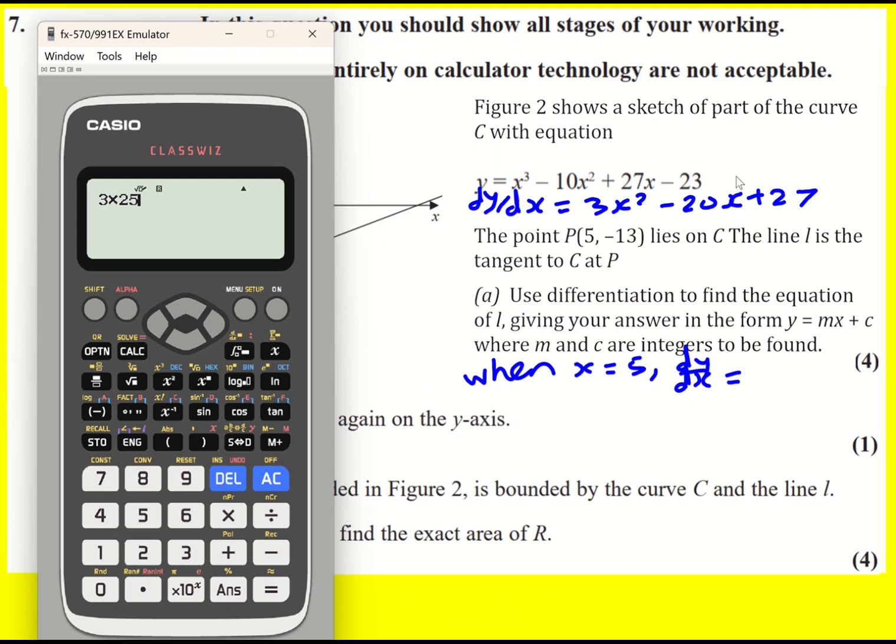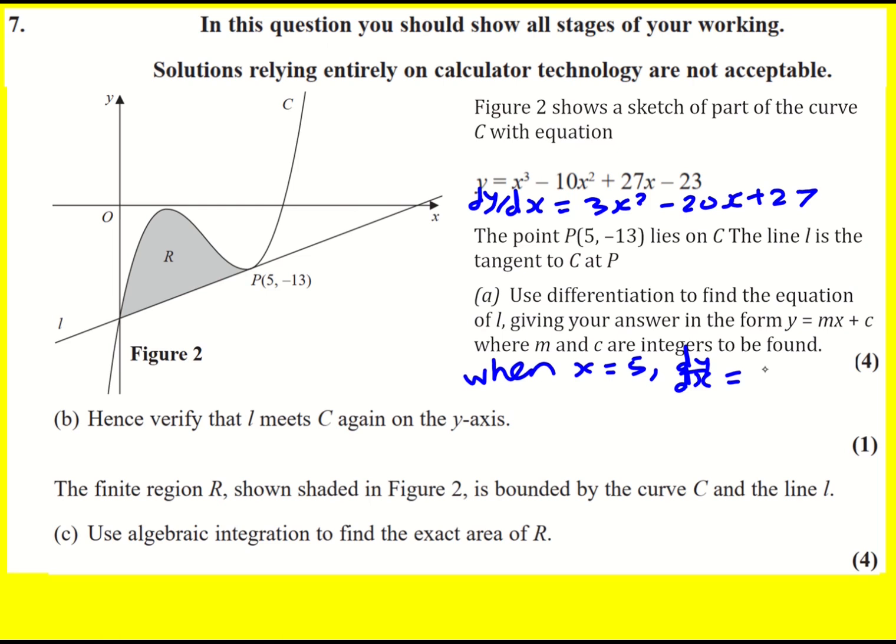Three times 25, that's 5 squared, minus 20 times 5, that's minus 100, plus 27, gives us 2. So that's the gradient of the tangent as well.